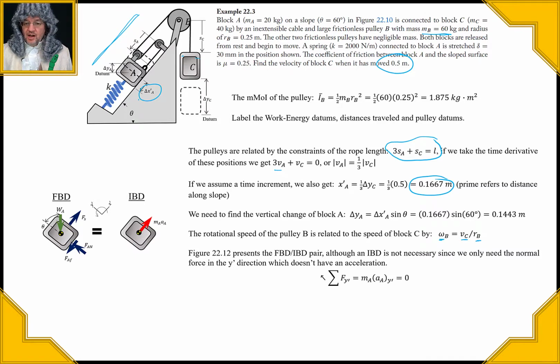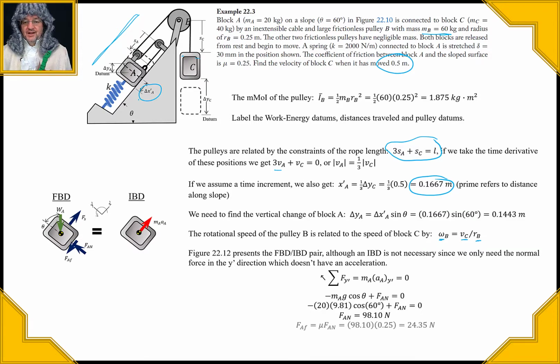So in the y prime direction, we set that equal to 0, and we're able to get the relationship for the normal force at A, and we put in what the weight is. That's the mass 20 times the 9.81 acceleration of gravity, and we're able to get the value of the normal force. And with that, we're able to get the value of the friction force.